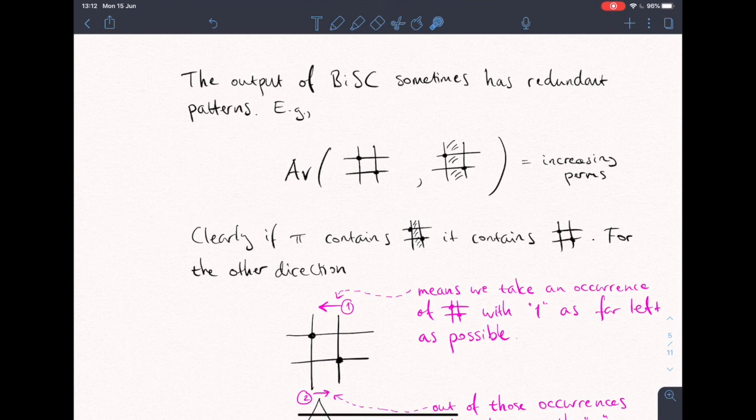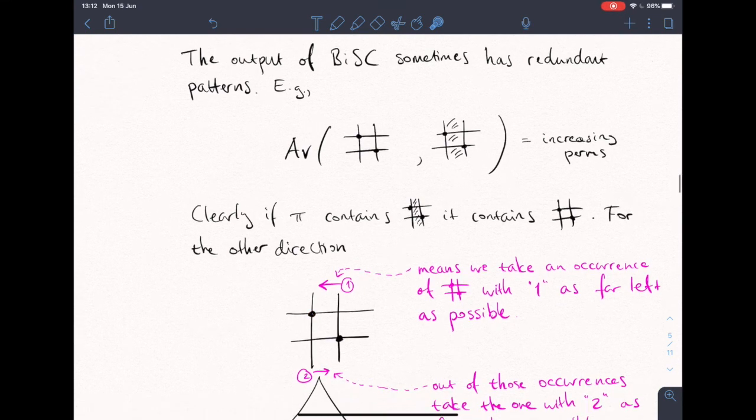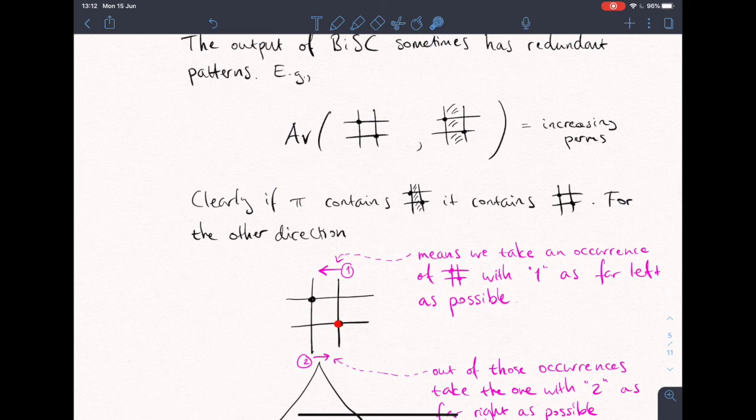Forced in the sense that out of all the occurrences of 2, 1, this particular occurrence we're looking at will have this point as far left as possible and this point as far right as possible. We first choose by pushing this point as far left as possible and then pushing this one as far right as possible.